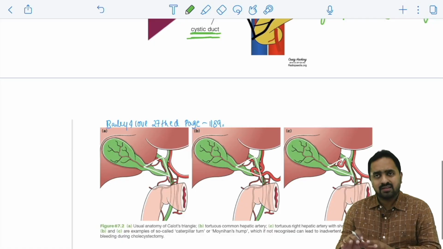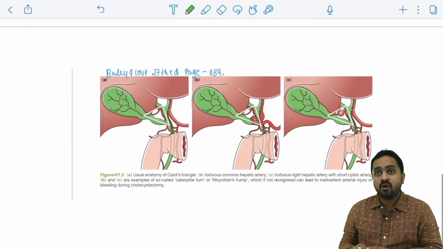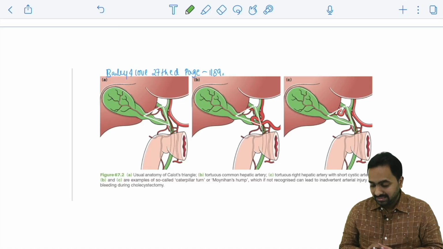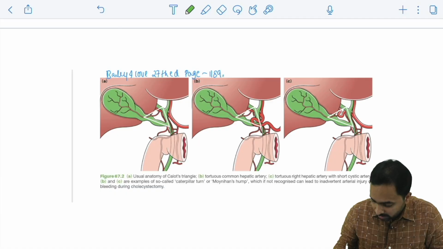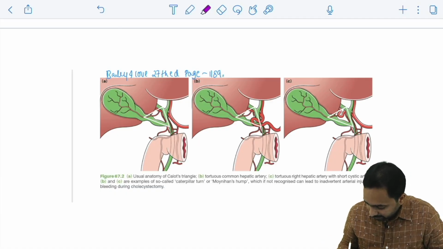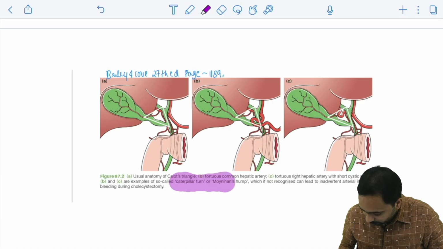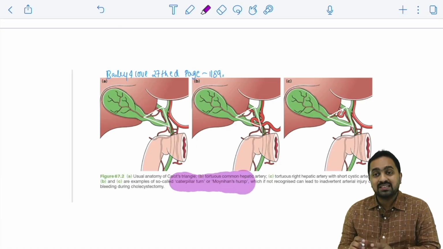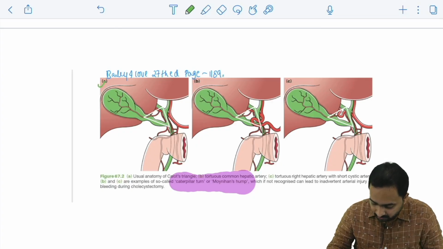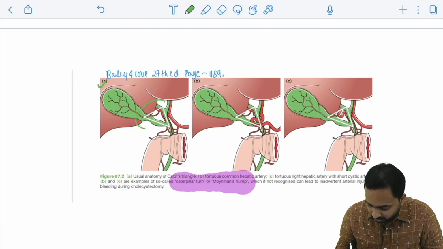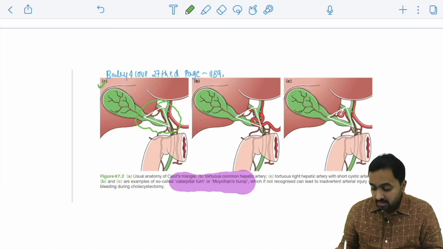So here is one of the examples of the variations that can be seen. This image has been taken from Bailey and Love 27th edition. Over here we are seeing the caterpillar hump and the Moynihan's hump. In the first image, labeled as A, you find the usual anatomy of the Calot's triangle.